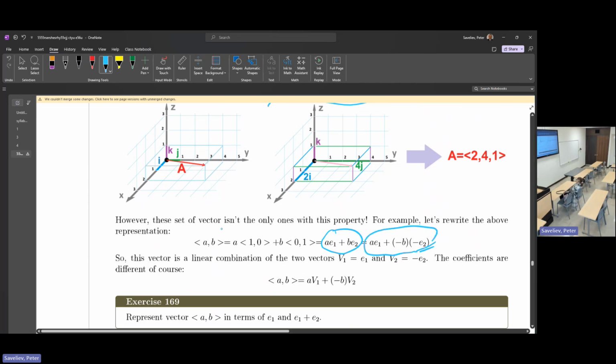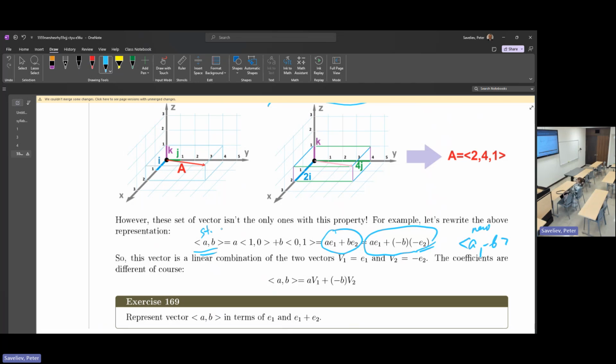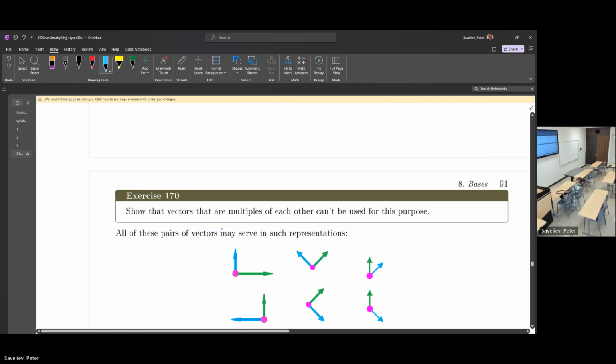And so my components that used to be (A, B) in the standard basis, in the new basis, will look like what? (A, negative B). (A, negative B) is the components of the same vector with respect to the other basis. Yeah, so all of these are legitimate.